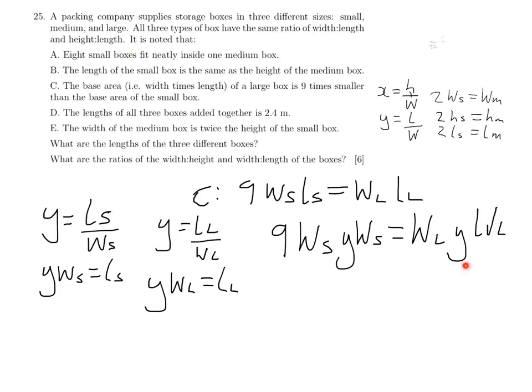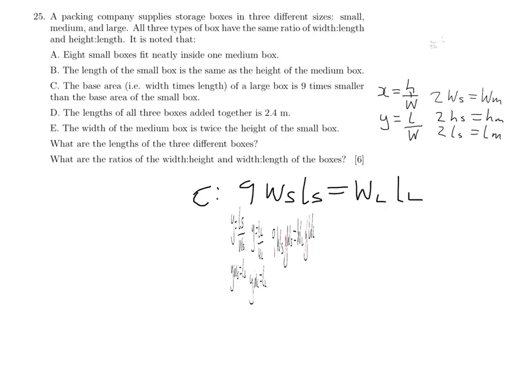And over here, I've got just the width of the large box. So there we go, our y's cancel. And what we end up with is 9 times the width of the small box squared, and that's equal to the width of the large box squared.